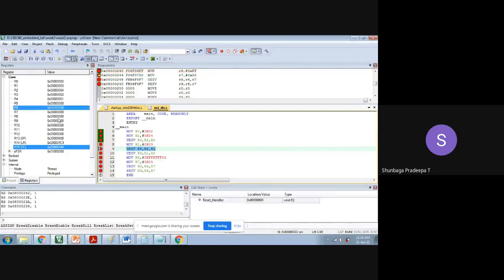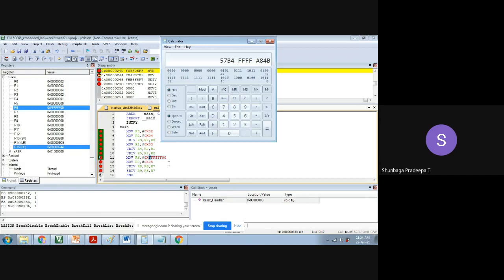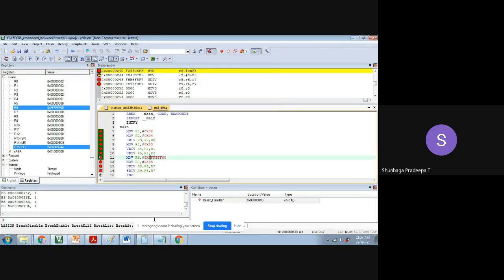So it is FFF. If your MSB, the 31st bit, is 1, it is a negative number. If it is 0, it is a positive number. Here your MSB 4 bits are 1111, which means it is a negative number. We can take it as an unsigned division, in which case it is considered a numerical value.